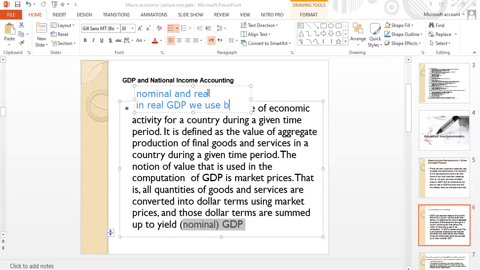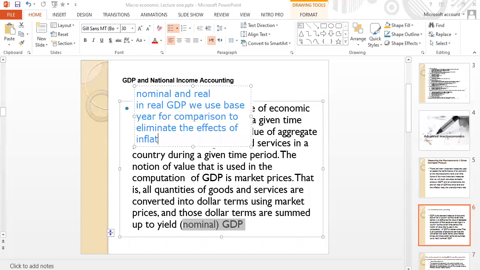We use a base year for comparison. Why do we use a base year? To eliminate the effects of inflation, so we can measure the real growth rate of GDP.